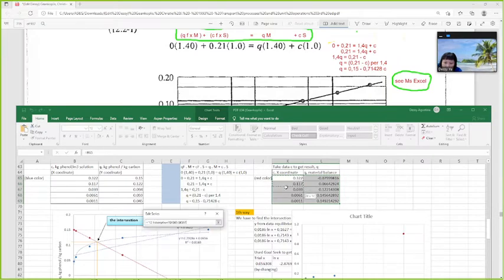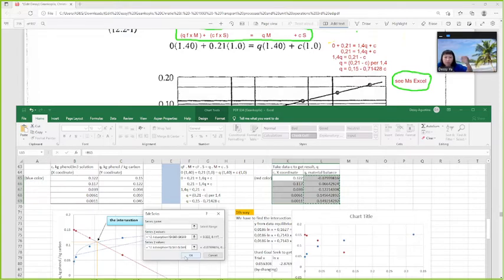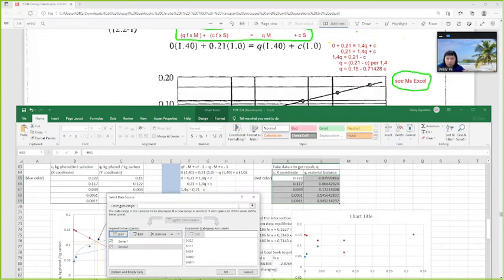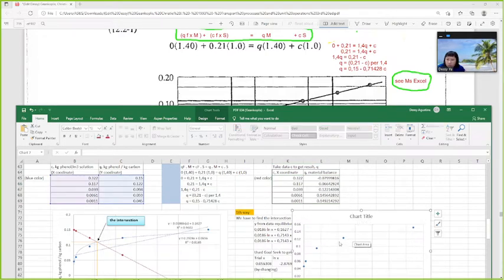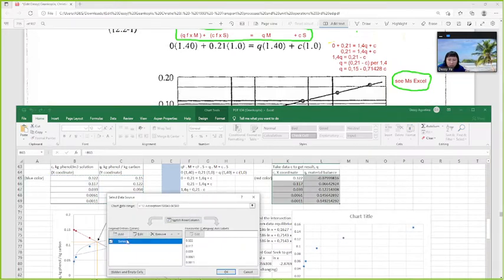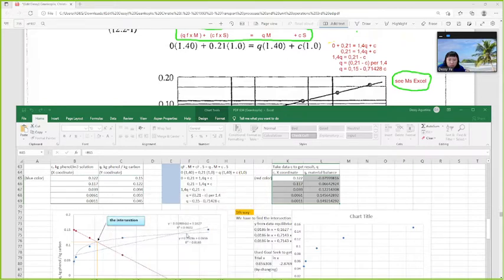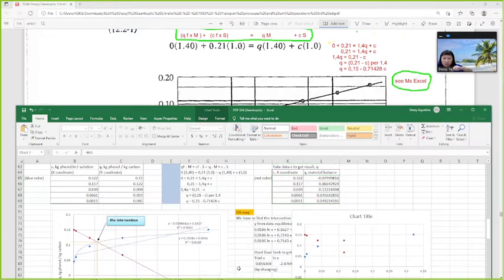For the x value, it is the value of C, and for the y coordinate you select the Q from the material balance. Sorry, I forgot: this is the C coordinate, and then this is Q. Okay, and then click OK.